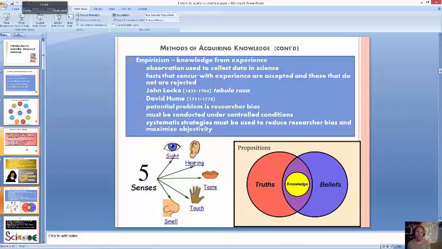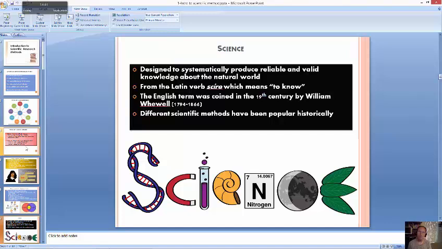We see, hear, taste, touch, and smell what we want to. As you can see on the graphic here, we have truths and we have beliefs, and somewhere in between there is knowledge. So, science, designed to systematically produce reliable and valid knowledge about the natural world. Different scientific methods have been popular historically.